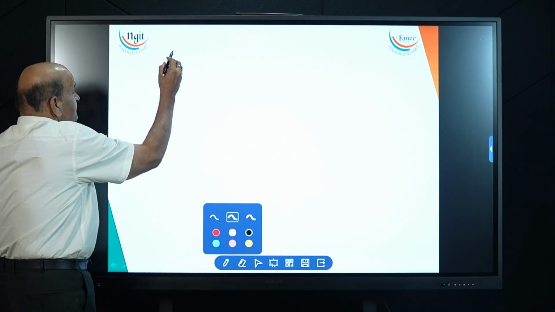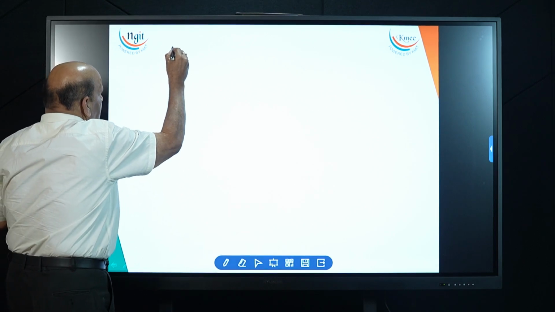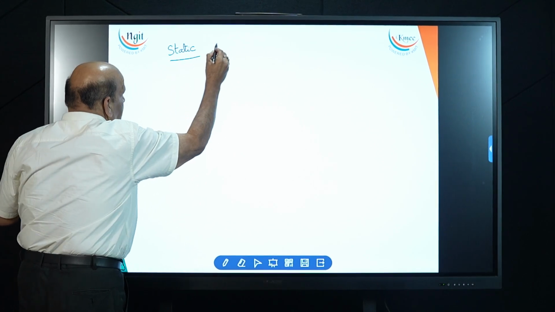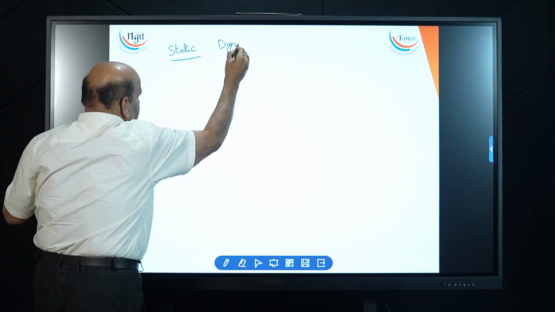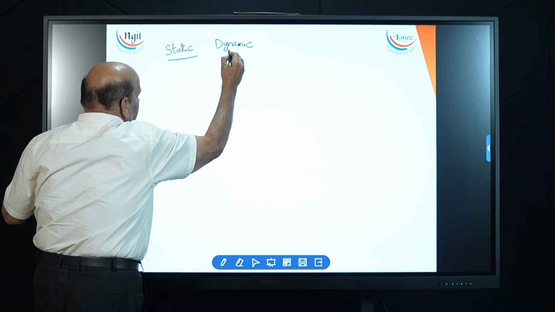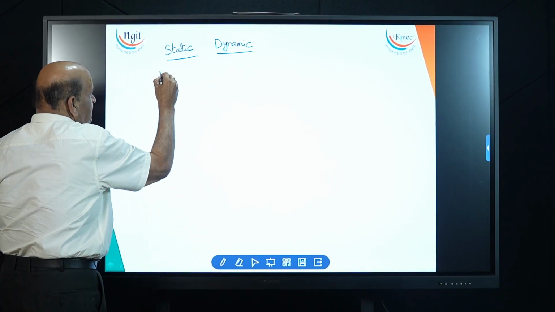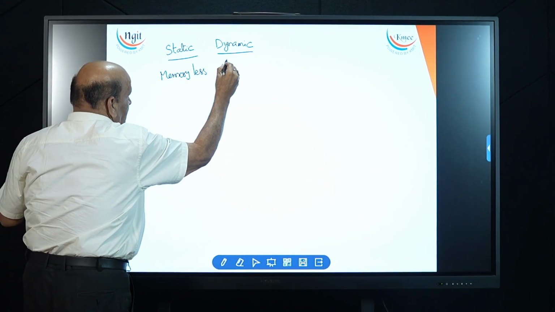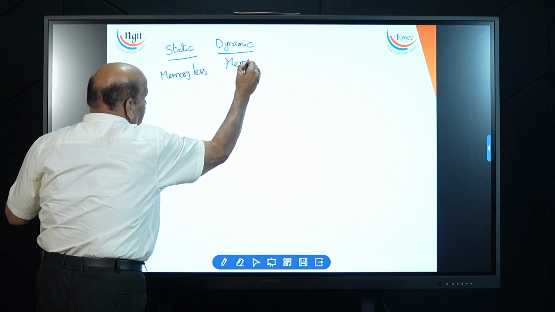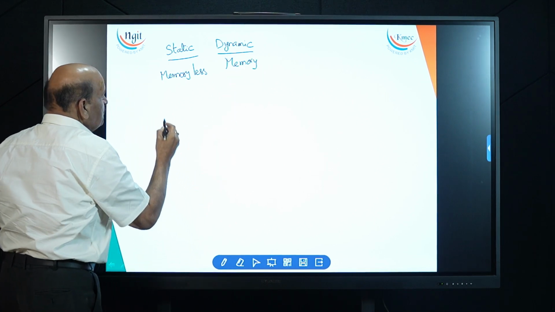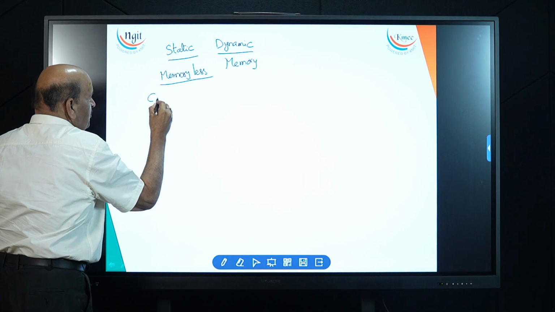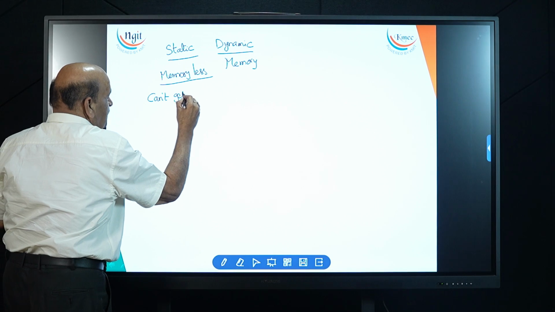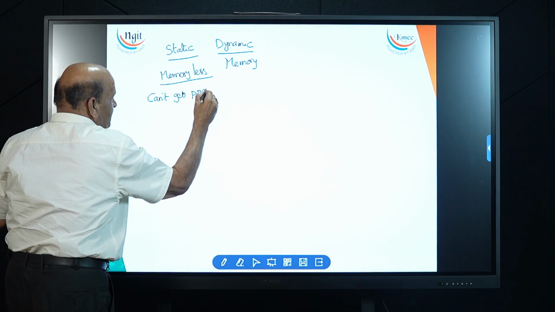In the previous session, we made static system and dynamic system. Static system is memoryless and dynamic system is with memory. What is memoryless? Memoryless means it can't get the previous response.